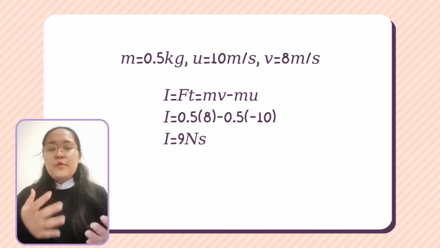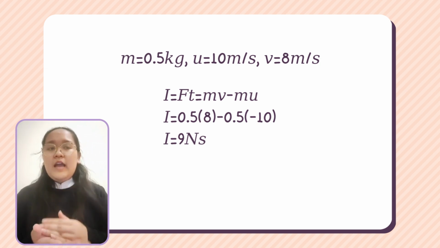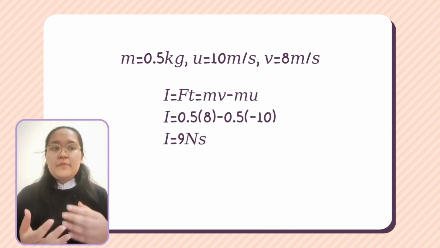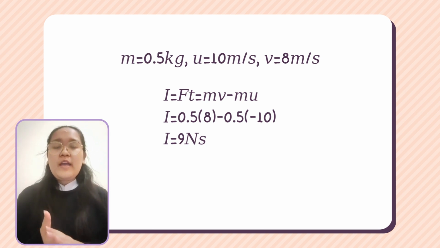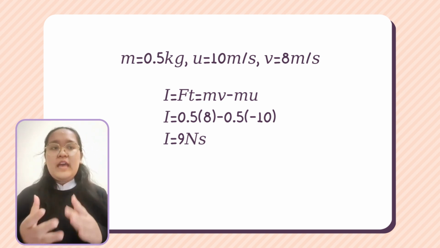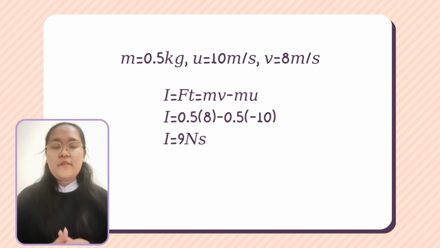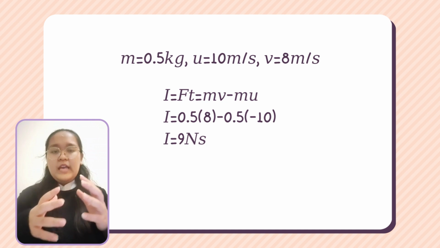Then we substitute the values from the information into the formula, which gives I equals 0.5 times 8 minus 0.5 times negative 10. Why is the initial velocity negative and our final velocity positive? Because in this situation, we imagine that the ball is thrown to the left.